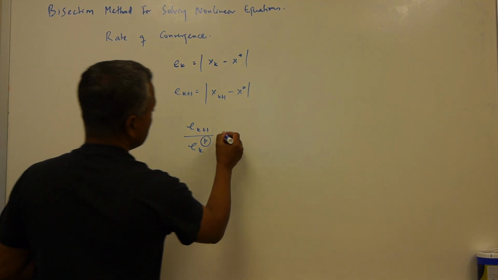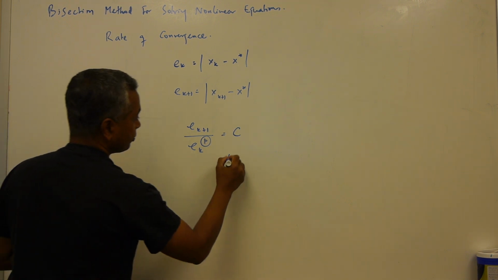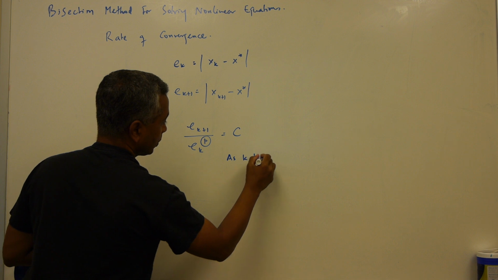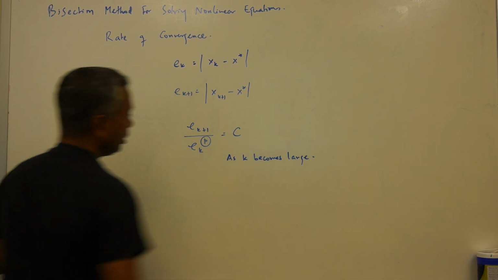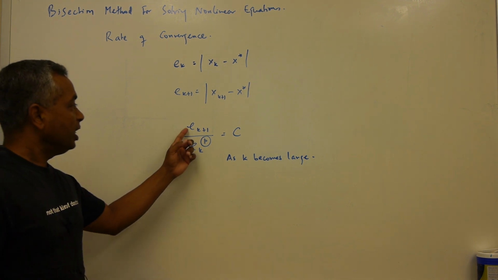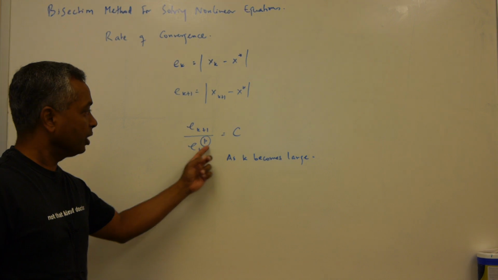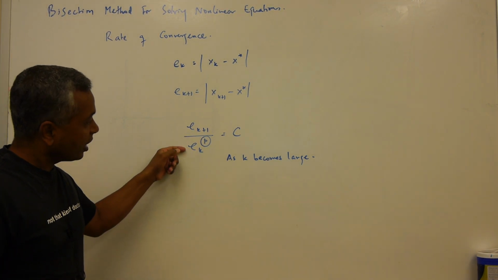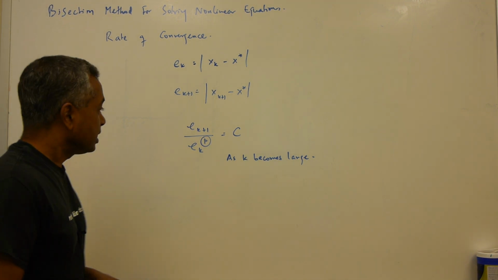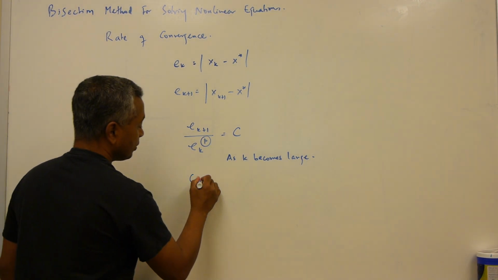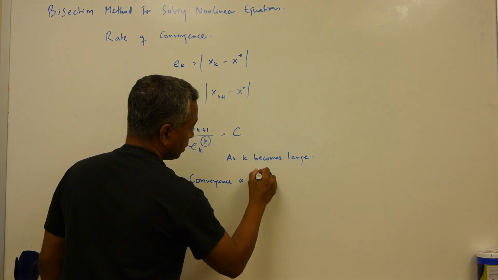Now, if this is equal to some constant as k becomes large, I haven't told you what p is yet, but if this fraction starts to approach a constant as k becomes large, then I say that the convergence is pth order.